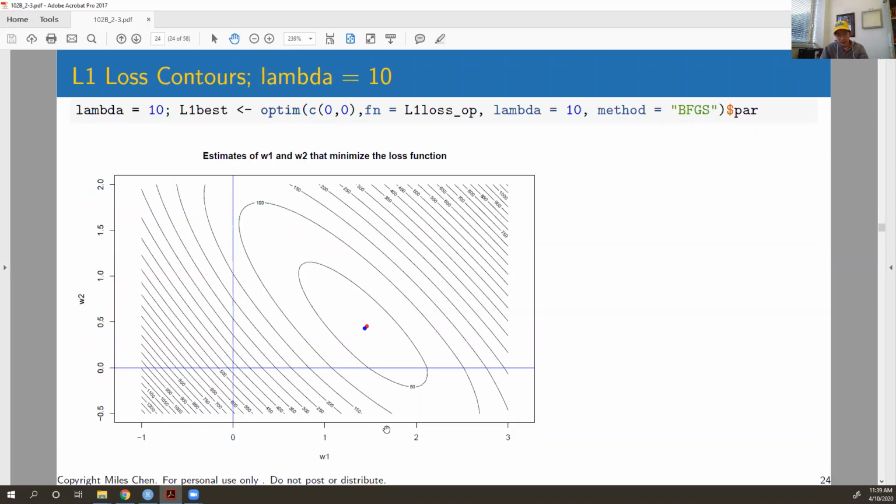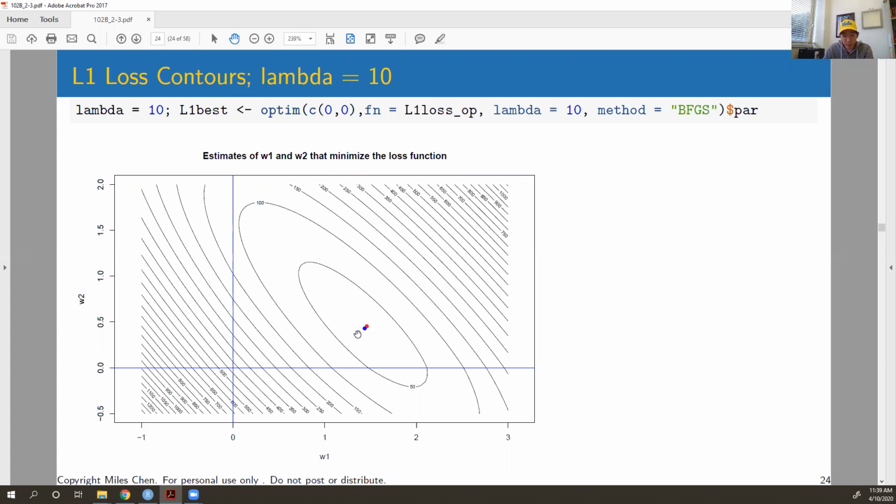So here's what the loss function contours will look like. Right here are the contours of the loss function when lambda is equal to 10. This red dot indicates the coefficients that minimize the ordinary least squares loss.